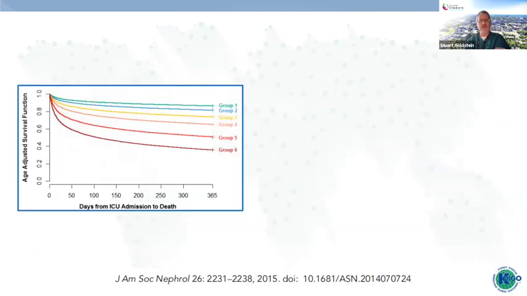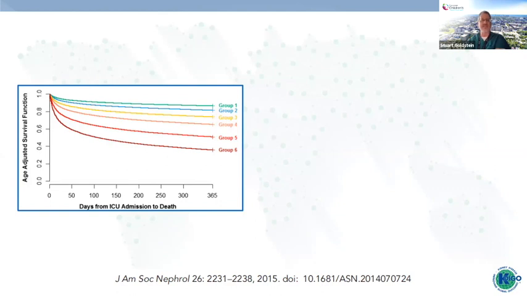And there were a number of models that were based on no AKI by either, say that's group 1, or AKI stage 1 by creatinine, but not by urine output, which is group 2, all the way down to group 6, which is AKI stage 3 by both.